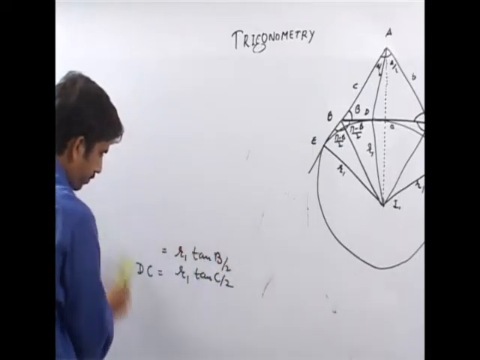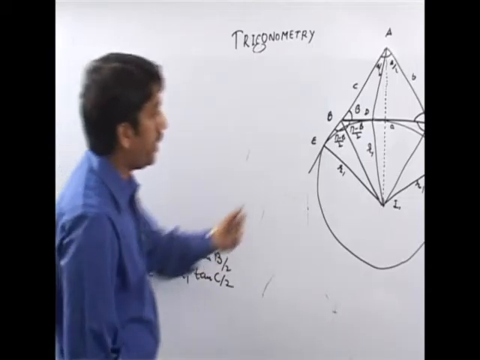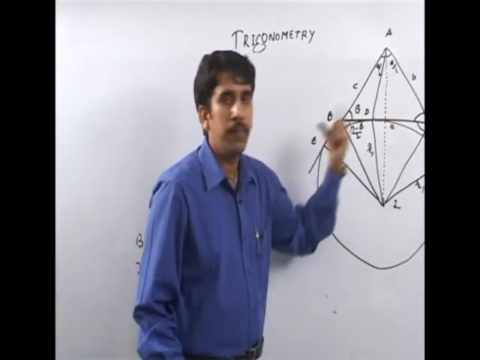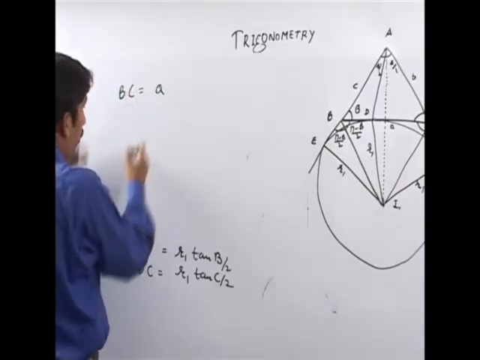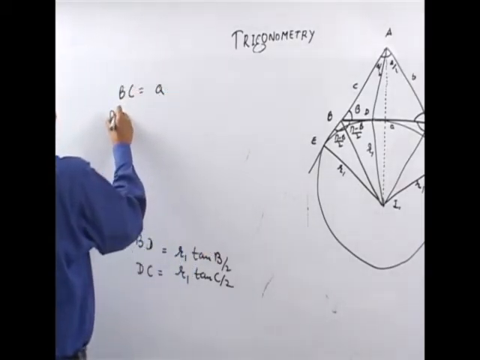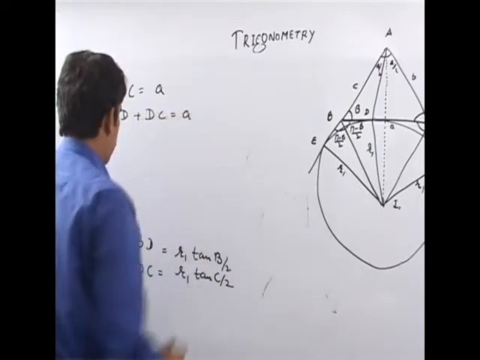Now this is BD, this is also BD. Now we can write that BC is equal to A. Now what was BC? BC was BD plus DC is equal to A. Now what is BD?